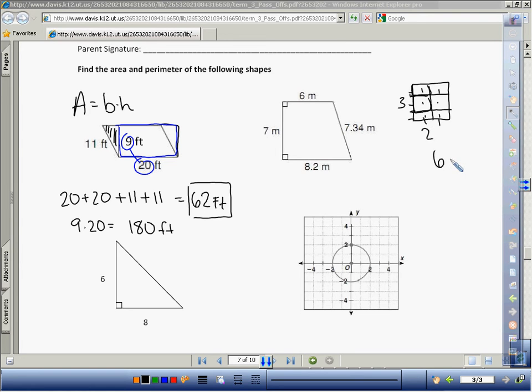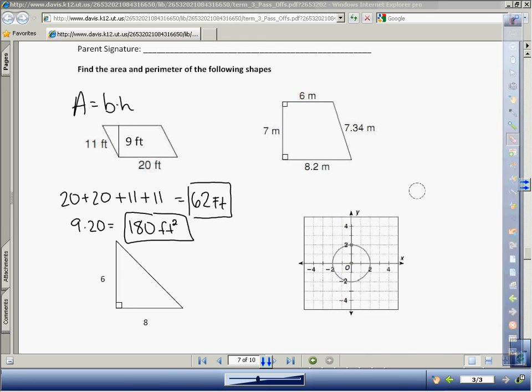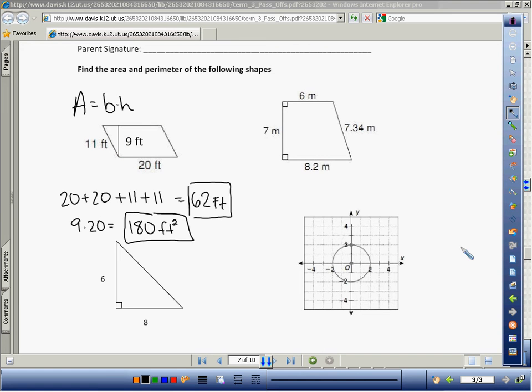So when I multiply these two, it gives me 6 square whatever, my unit squared. So in here, if I were to draw this out, I'd have like 20 lines this way and 9 lines this way, and it would make 180 squares. So I put feet squared. And that's how I remember. You guys can remember however you'd like. Anyway, that's usually the way I get around that.